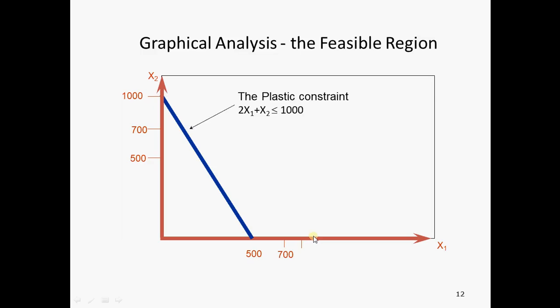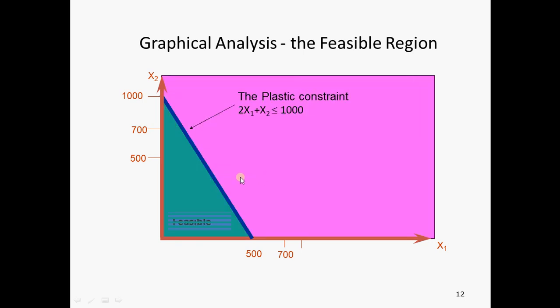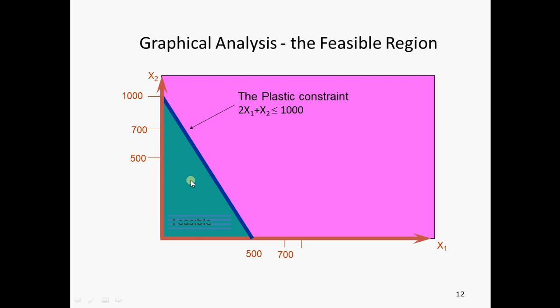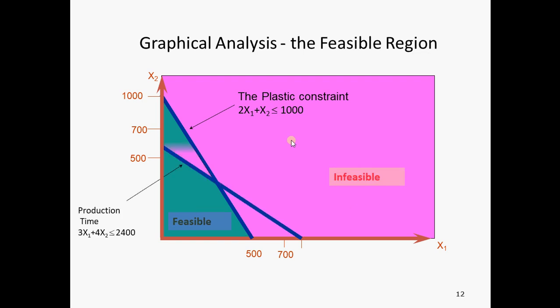Now graphical analysis, the feasible region. As of now, the feasible region is this one, only if this is the constraint. Infeasible, feasible. If you have this, the triangle portion will be the feasible region. Then if you incorporate one more constraint, this will be eliminated. So this will show you how to identify the feasible region.